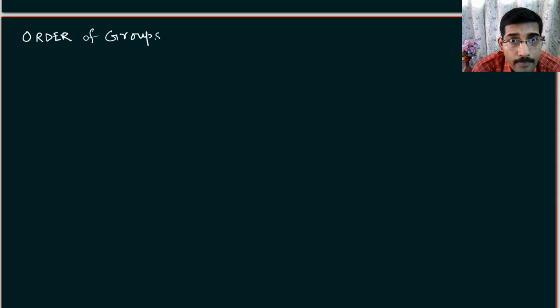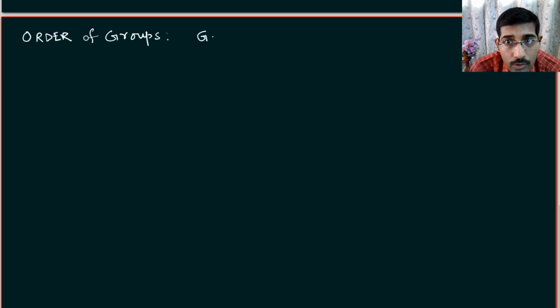So now, since we have declared groups, we will define what is known as the order of a group. This is nothing but the number of elements that are present in the group.